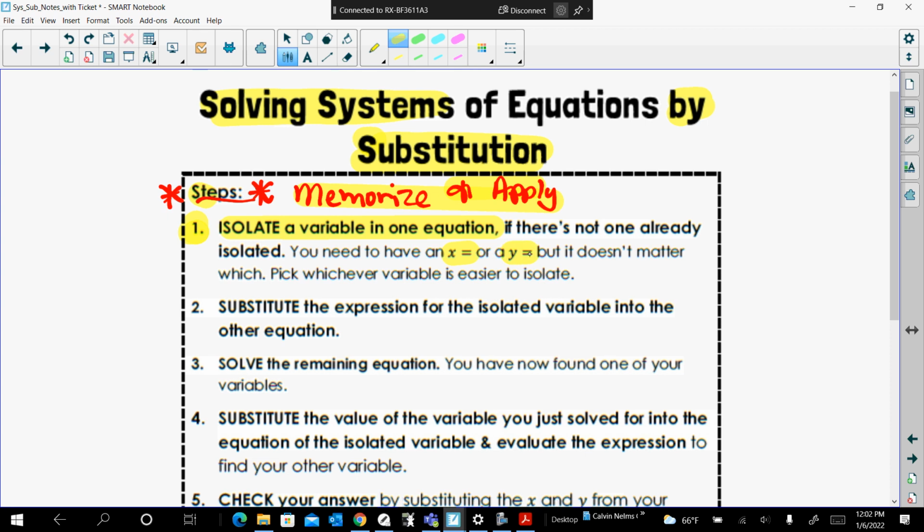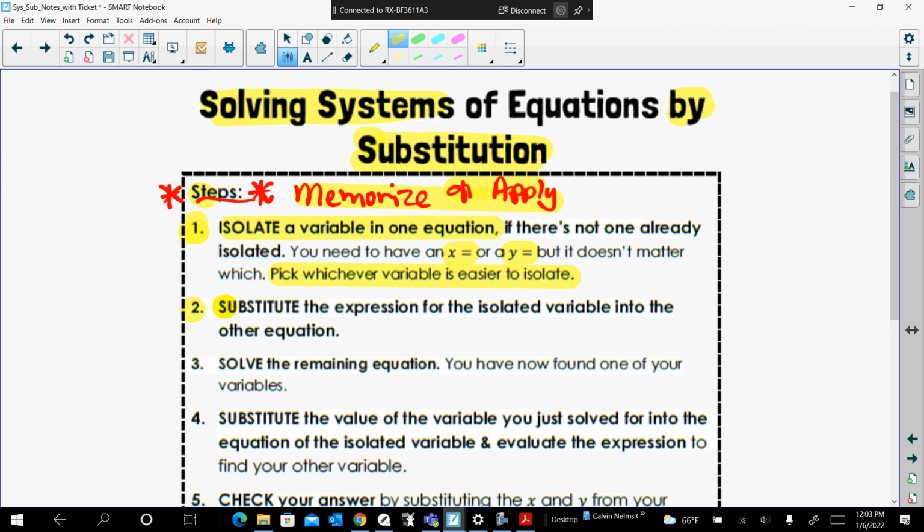Are y'all following the key information? Now, that means you pick whichever variable is easier to isolate. So you will have to be able to look at the equations and pick the easier one. That's step 1. No additional information.